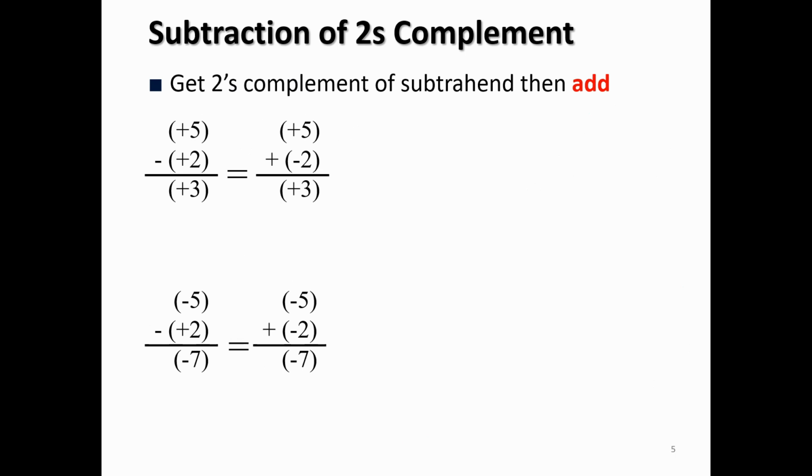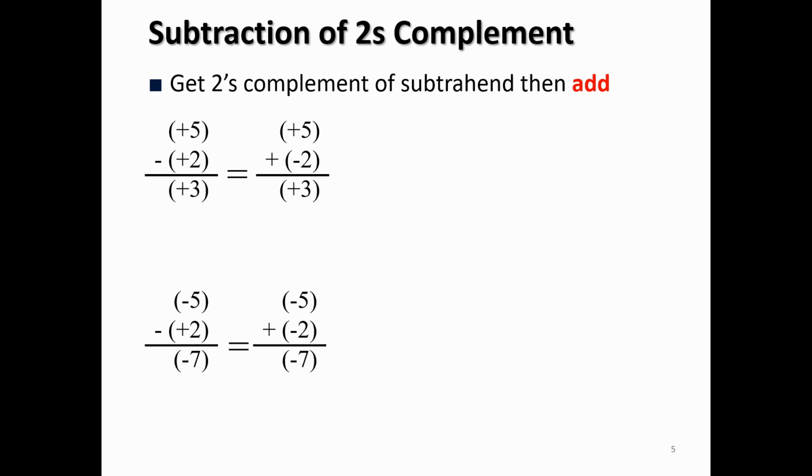What about subtraction with two's complement? We saw that addition always works with two's complement, so let's check subtraction. How do we subtract? First we have to get the complement of the subtrahend, and then we can add it. Saying plus 5 minus plus 2 is the same as saying plus 5 plus minus 2. These two are equivalent, correct?